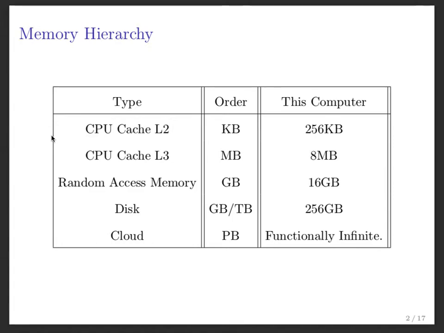I have 256 kilobytes of L2 cache and 4 megabytes of L3 cache. So fastest, smallest, most expensive. Second fastest, a little bit larger, still very expensive. Larger, less expensive, but slower. Slower still, but less expensive, bigger, and the biggest.